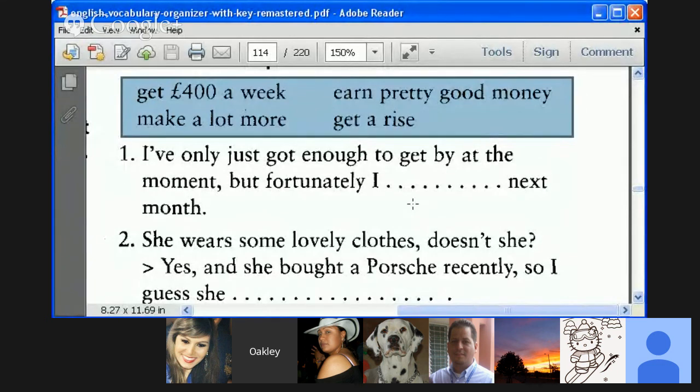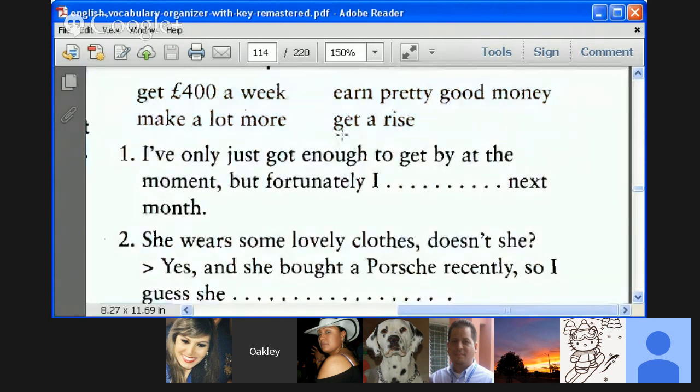Actually, 3 of these will probably work in this sentence. Next month, so not number 1. Whatever it is, it's got to be future tense. It could be many of these actually. Fortunately, I will get a rise.